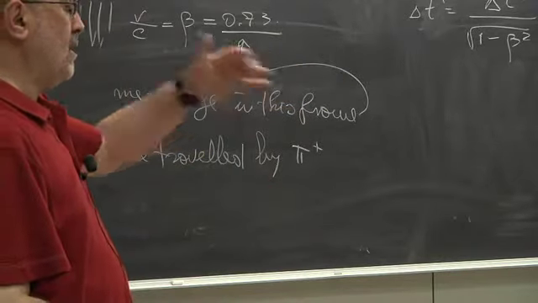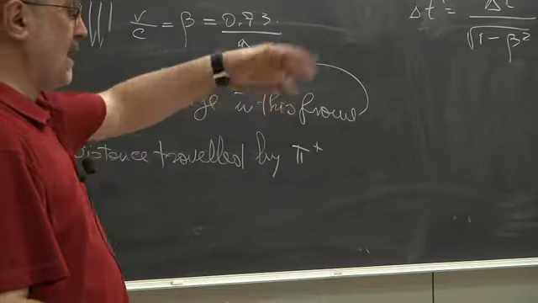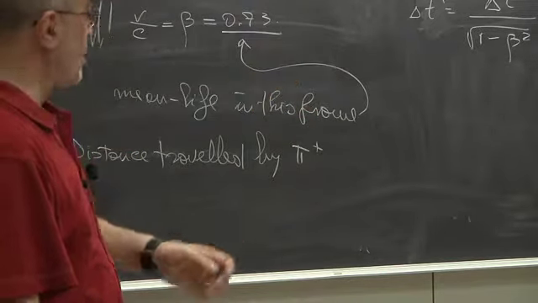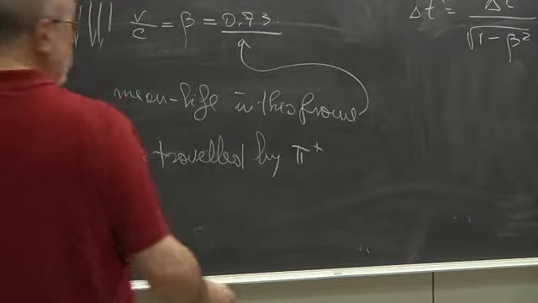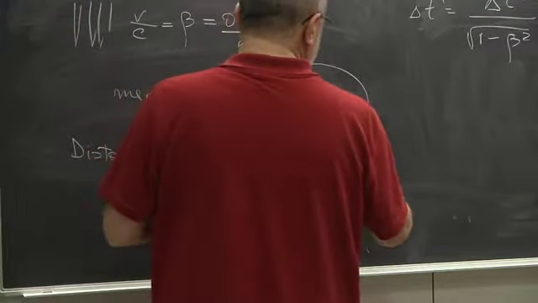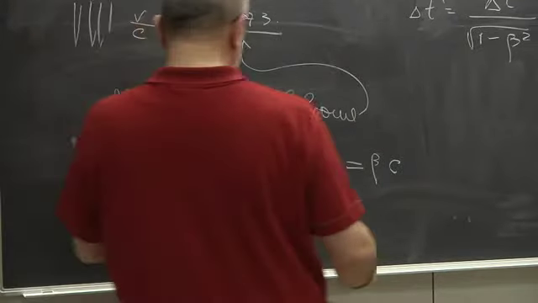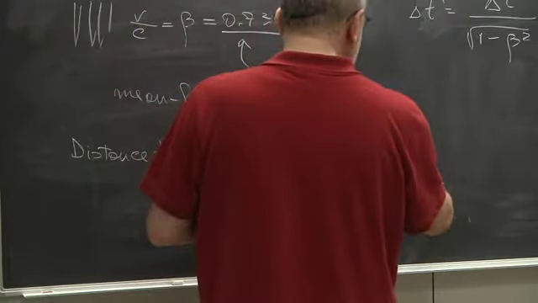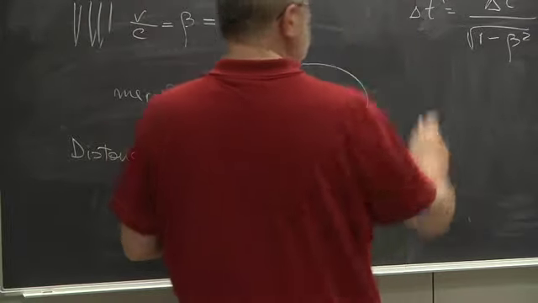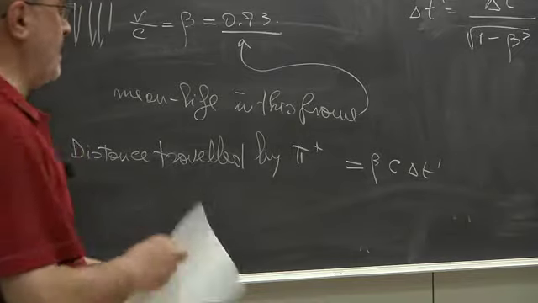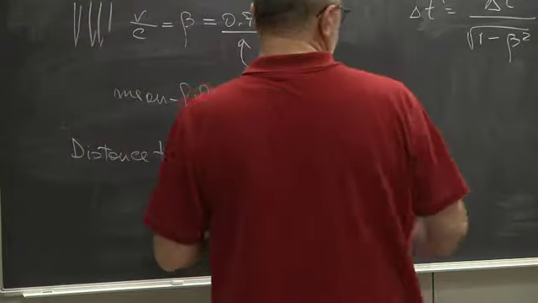We measure where they are produced, since the pi plus comes from some other decay, and we measure where they decay. So we measure distances. And the distance will be beta times c, which gives me the velocity, times the interval of time, delta t prime, because they are moving, so I am in this reference frame.